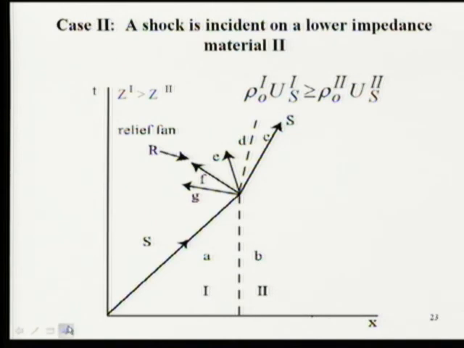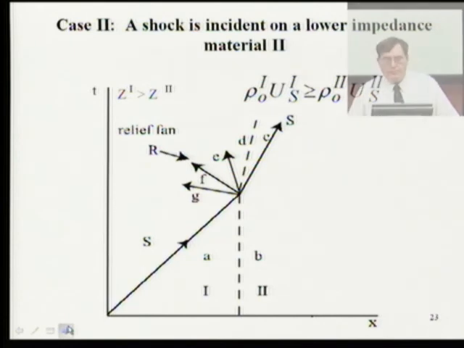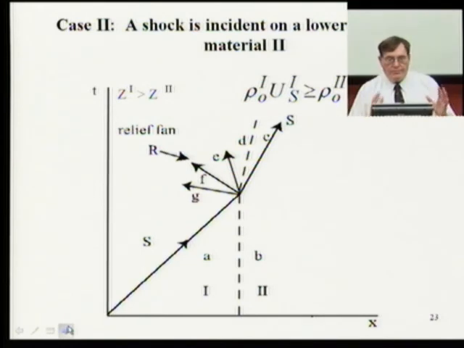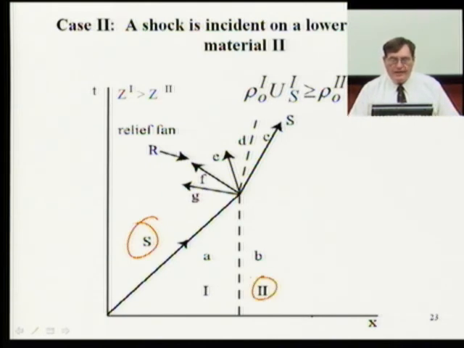And so here, I'll leave this up on the screen. Again, this is a shock going into a material, two plates together. The shock is in a higher impedance material to begin with over here, and the material on the right is lower impedance, and therefore it sends back this rarefaction fan, and you need to do the PU diagram, and you do everything as if these were little shocks, so you go from D to E to F to G.